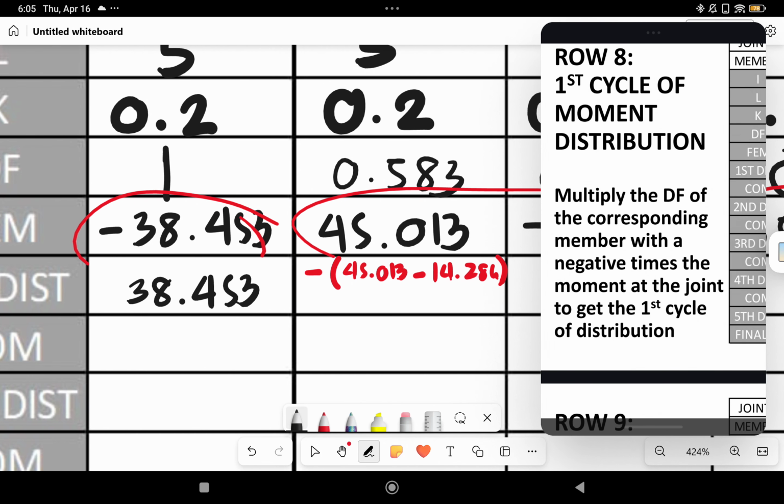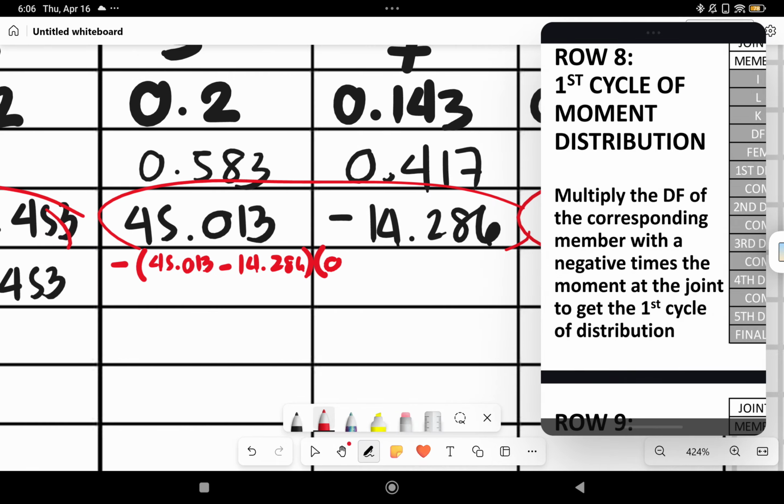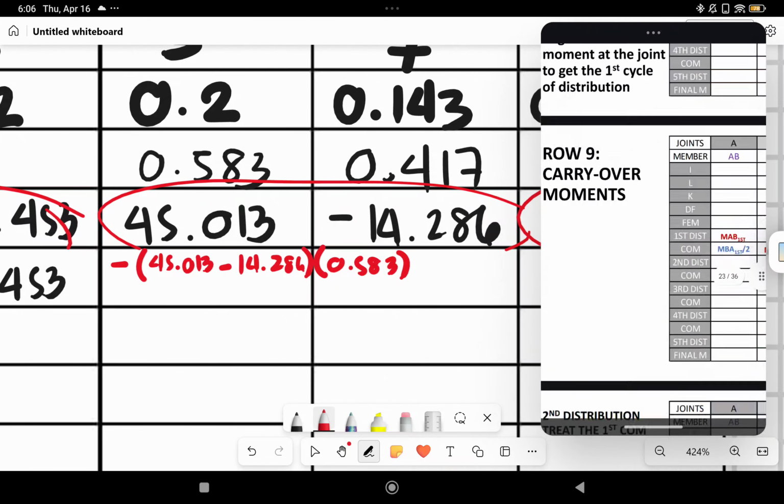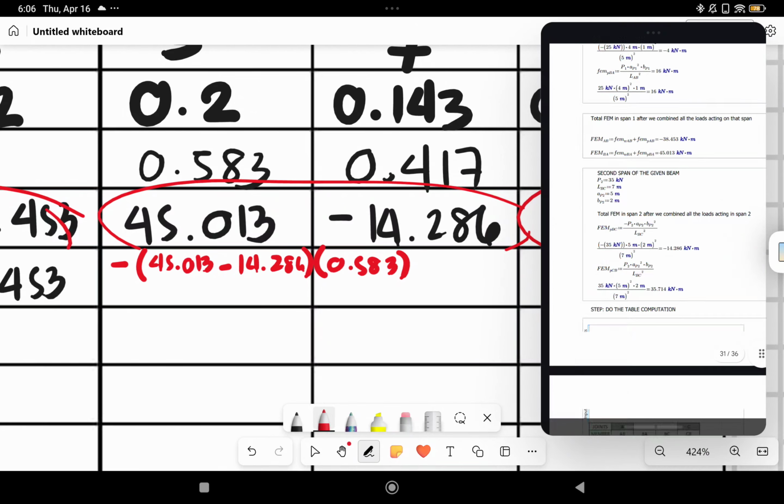Oh, I forgot to multiply by the distribution factor. So we multiply by its distribution factor, which is 1. That is 38.453 times 1, which is the same, 38.453. And this one we multiply by 0.4583. Okay, let me look at the answer we got.